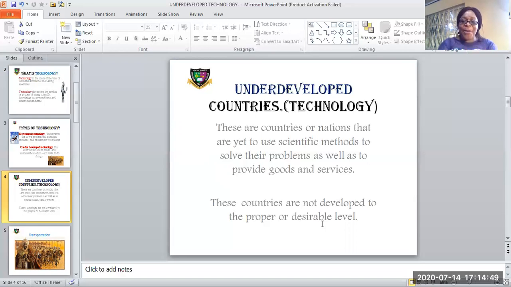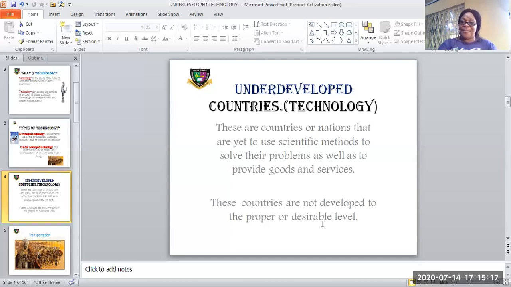Not so many people use these machines to satisfy their needs according to the nation. So they are still using crude methods. Are we together? Underdeveloped countries do not use scientific methods to solve their problems.